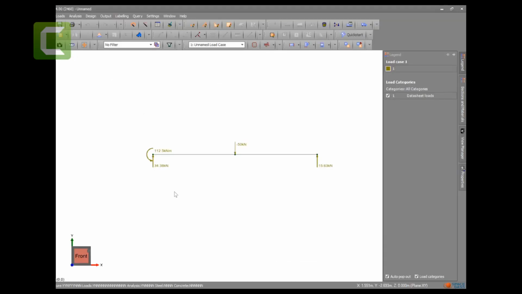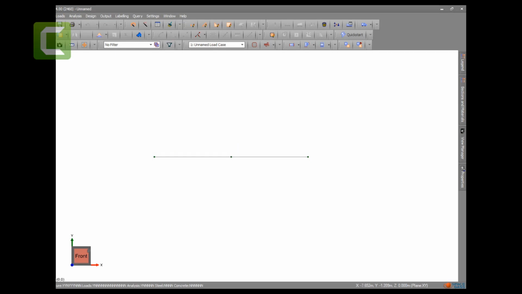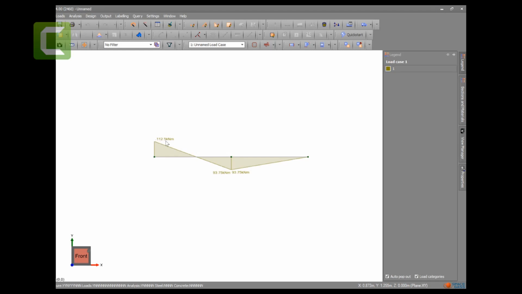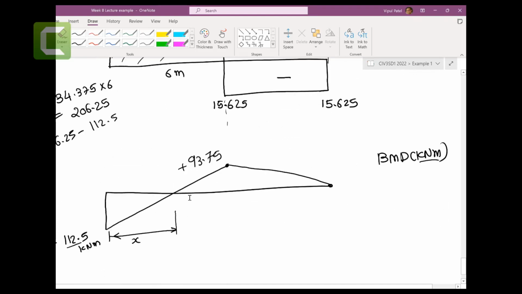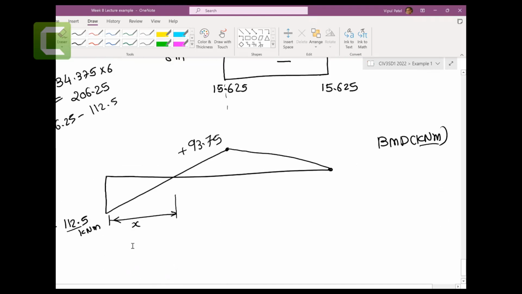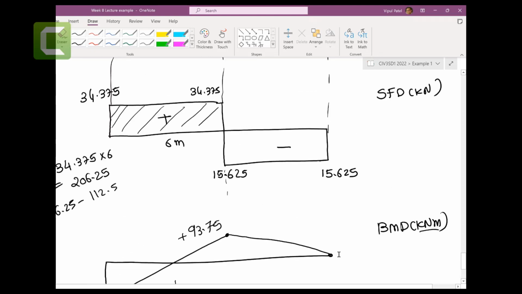That is correct. Now, if you want to draw the shear force and bending moment diagram, turn off this loading, that is the bending moment diagram. So 112.5, 93.75. Upside down, you remember these from concrete beams and steel beams. So 93.75, 112.5, and that is 0.